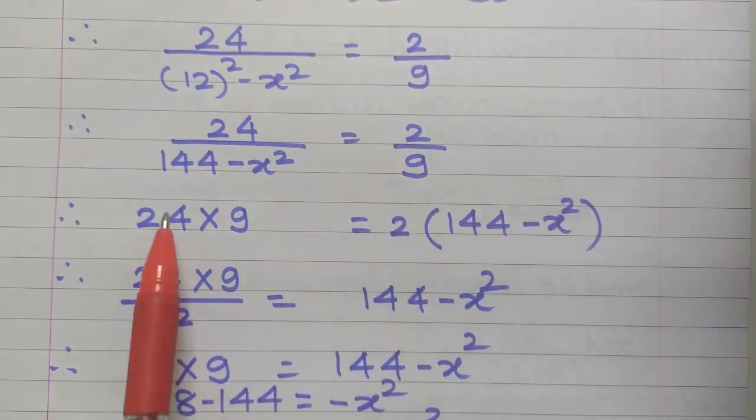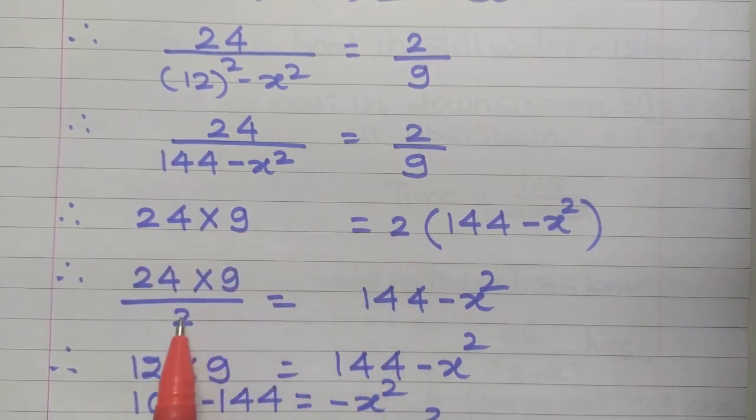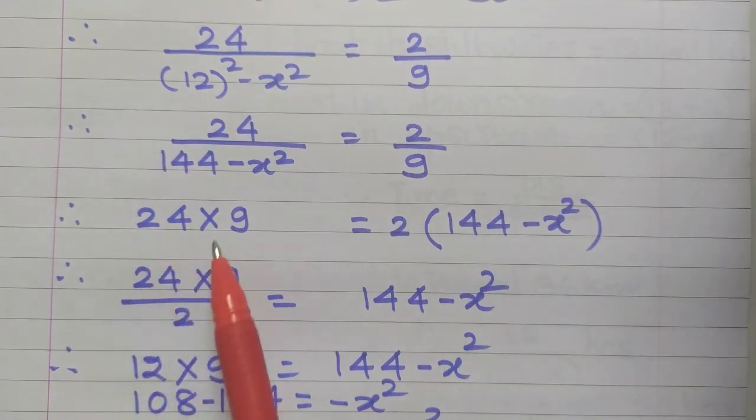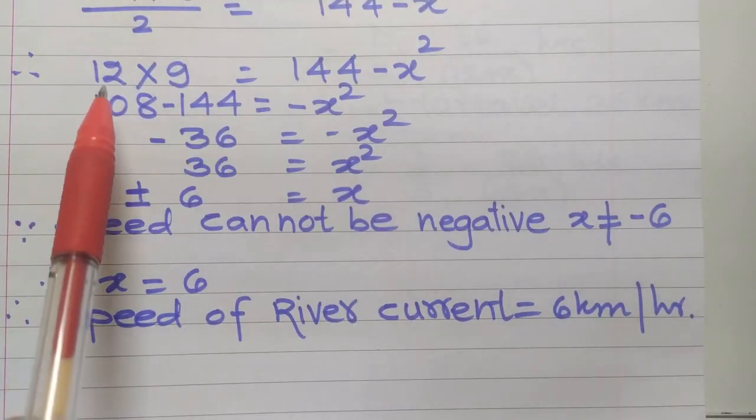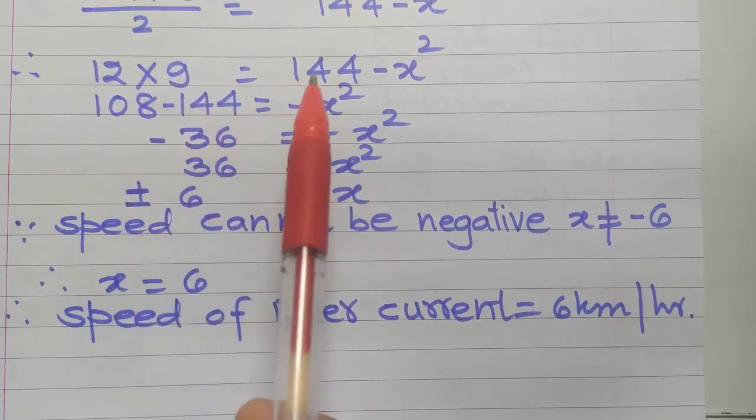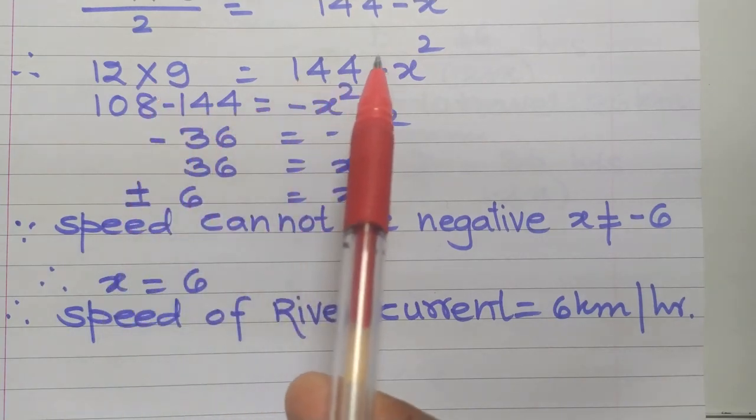Shifting 2 to this side, it will be 24 into 9 divided by 2 is equal to 144 minus x square. Divide 24 by 2, it will be 12. So 12 into 9 is equal to 144 minus x square.